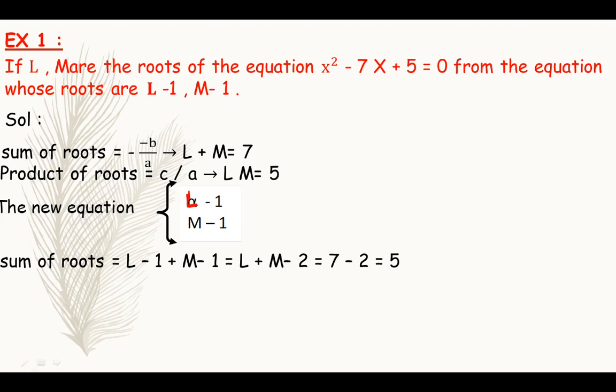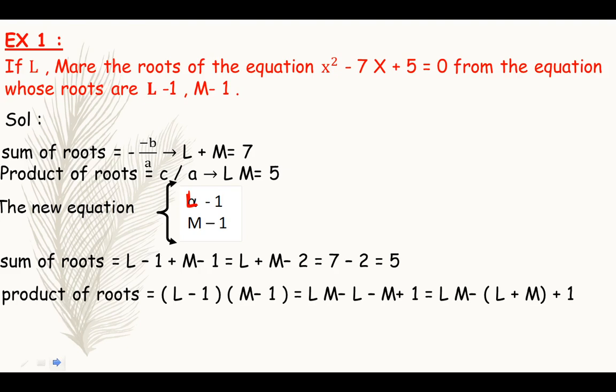Here we are going to add L plus m, and we are going to add negative 1 and negative 1. The result will be negative 2. But we know that L plus m is equal to 7, so we replace L plus m by 7. So the final answer will be 7 minus 2, which is equal to 5. This is the first part, which is the sum of the roots of the new equation.